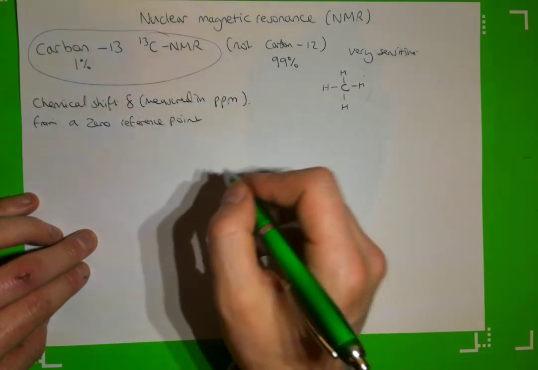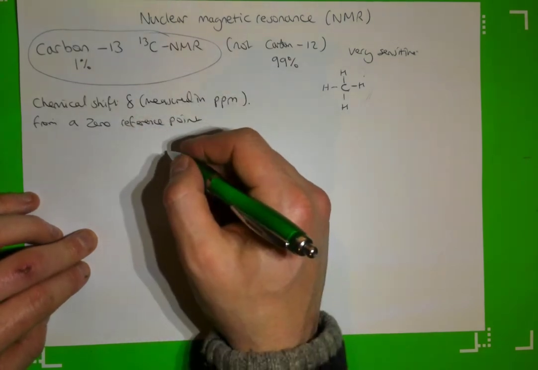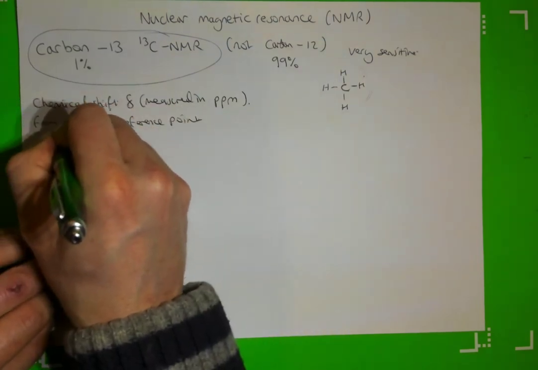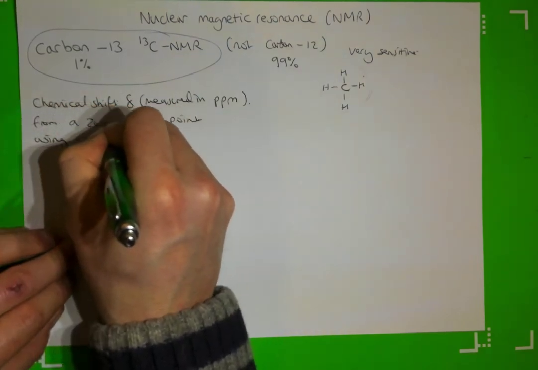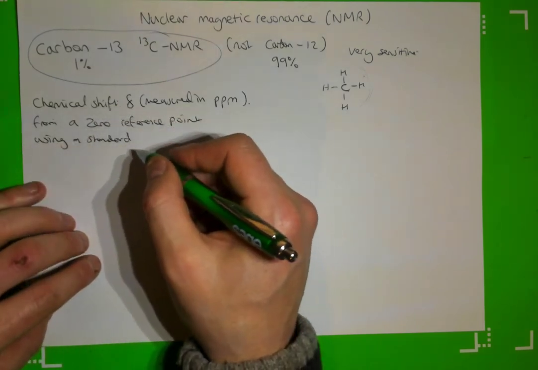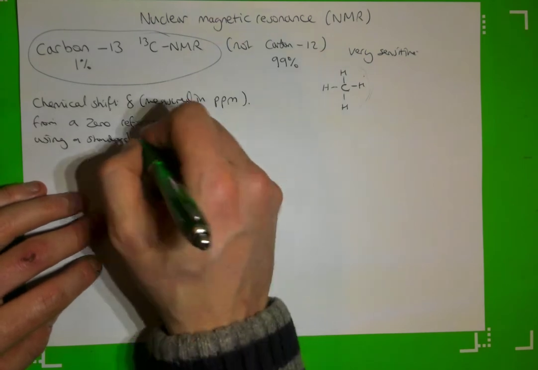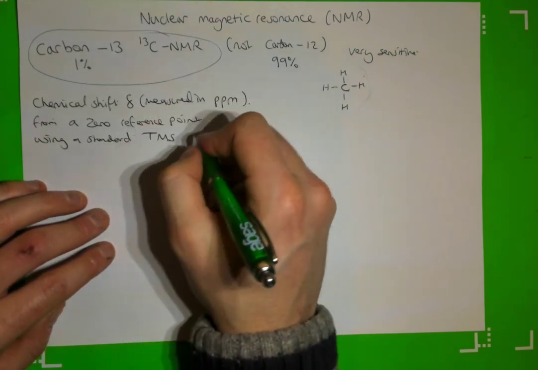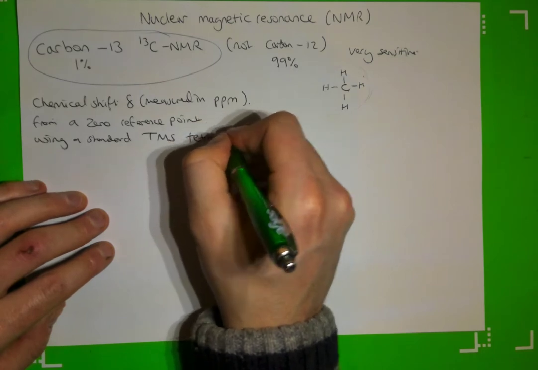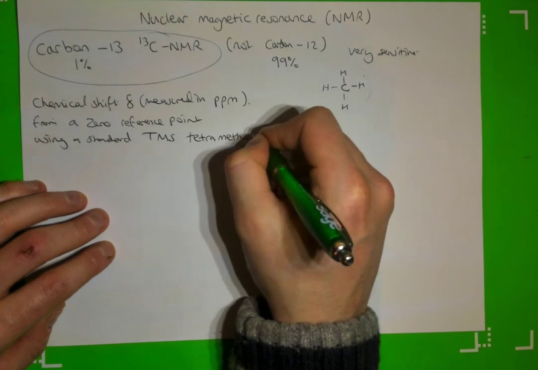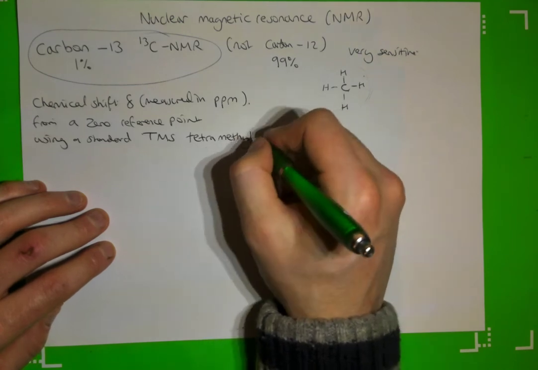And to get that reference point, what we do is we put a standard in there. So we physically put a standard molecule in our sample, and one of the standard molecules that we use is abbreviated to TMS, which stands for tetramethylsilane.